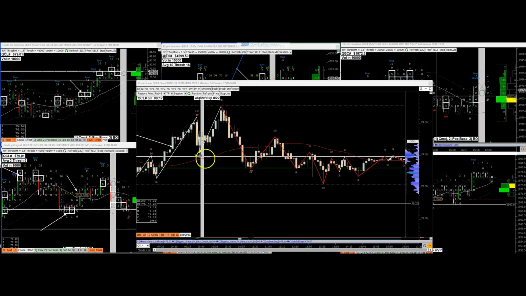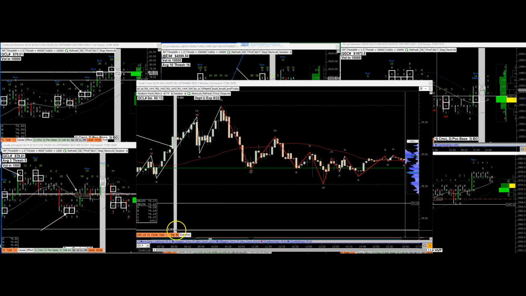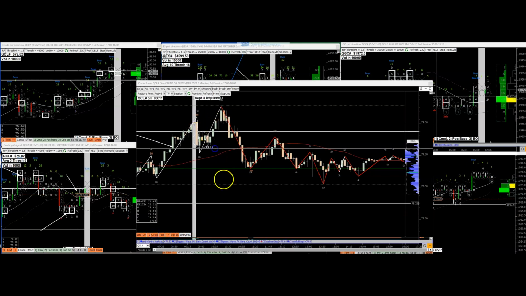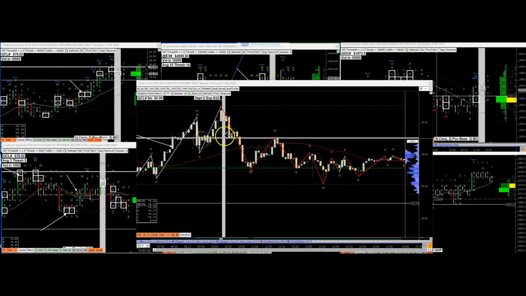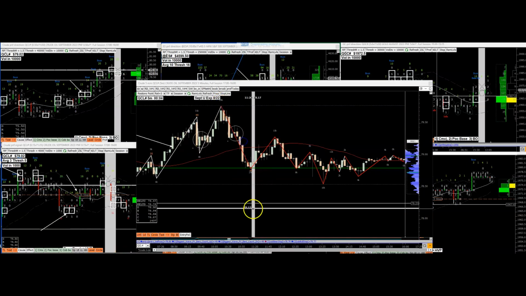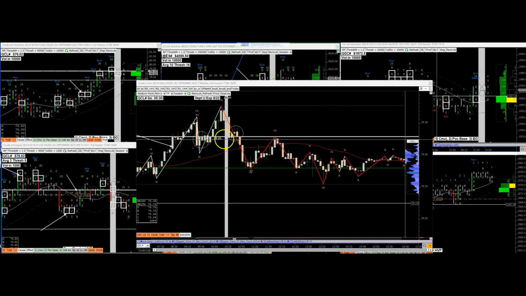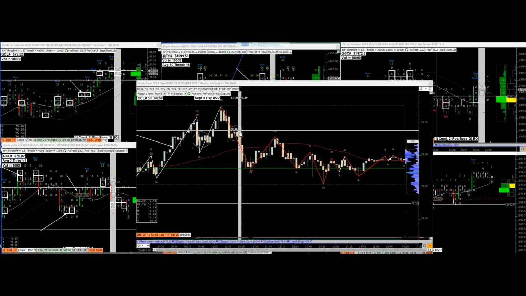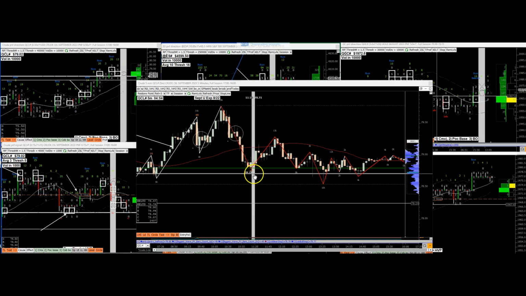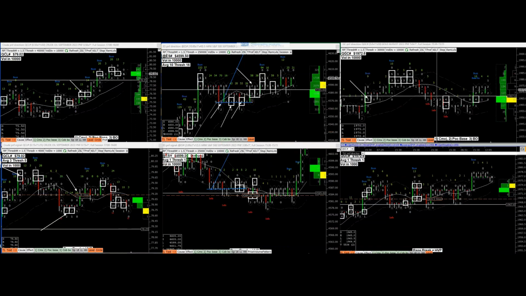I thought, okay, because this is some reaccumulation right here. So I thought that when it tested this area, it was going to hold right here, because it's on top of this and all of that. So these guys were ready, but they didn't break. Instead, it just fell. And no cigar.